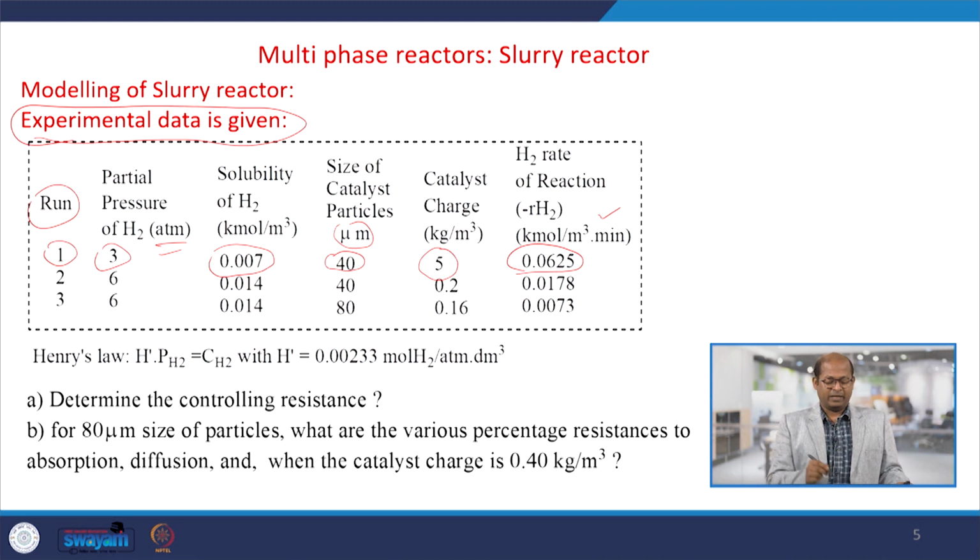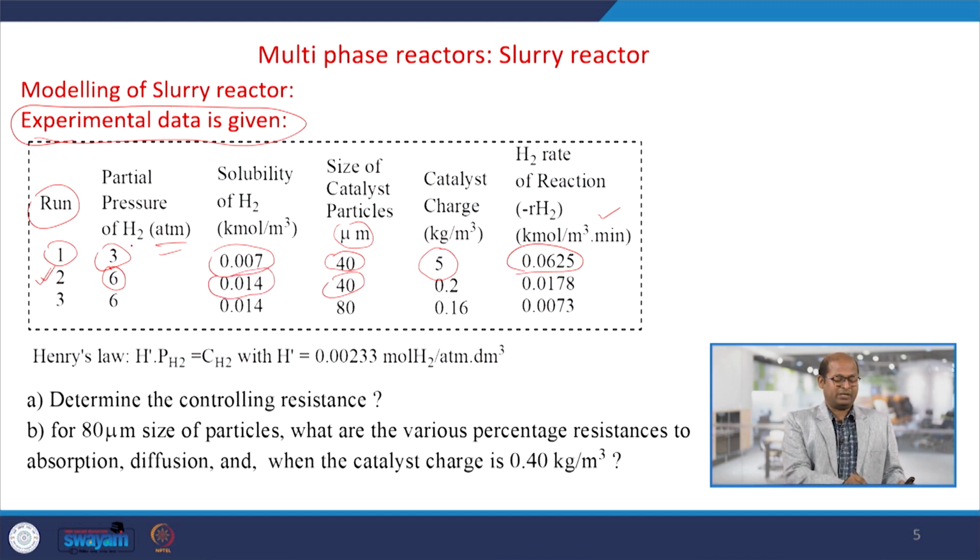Similarly, for run 2, again a separate run, we charged 40 micron catalyst particles, the same particle size, and we maintained the hydrogen pressure at 6 atm. The corresponding solubility of hydrogen should be increased.